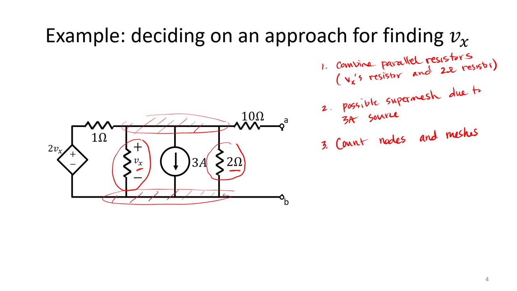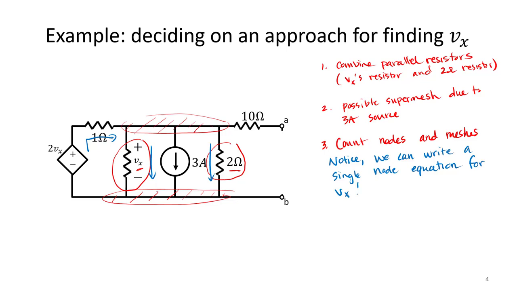Because looking at this whole circuit, we could actually write just a single node equation for Vx. So if we were to do a supermesh, we would need multiple equations because there's more than one mesh.